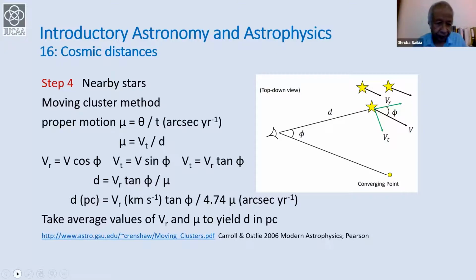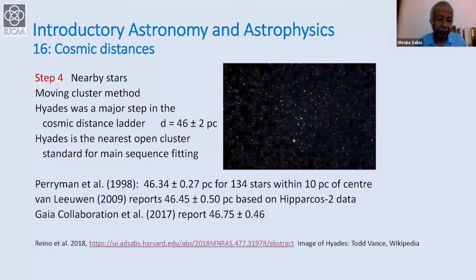This is what is called the moving cluster method. And this was done in great detail for the Hyades cluster. This was the next major step from measurements with parallax and triangulation, and this became a standard for quite some time.